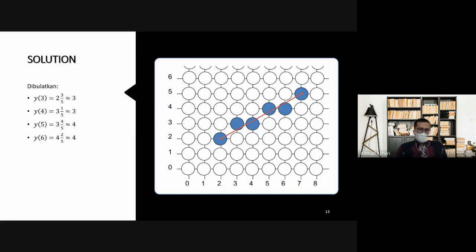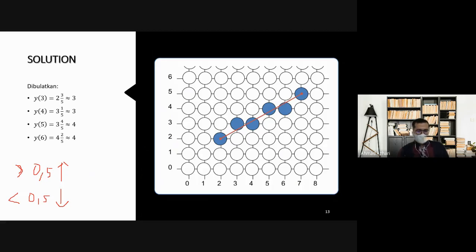So you can round them using the rules. If the result is 0.5 or more, you round it up, and if it is less than 0.5, you round it down.